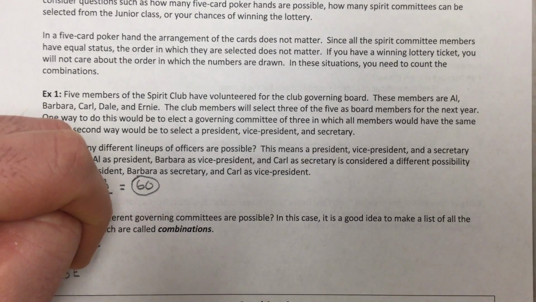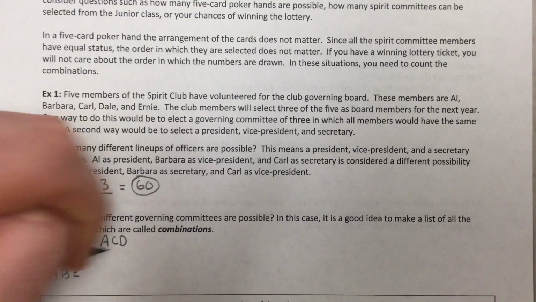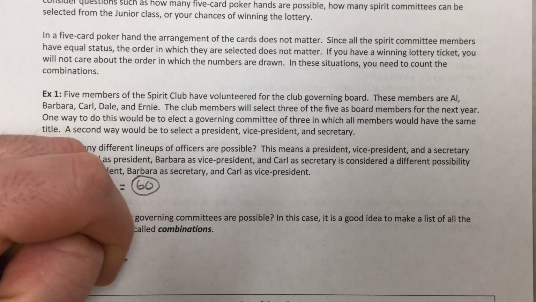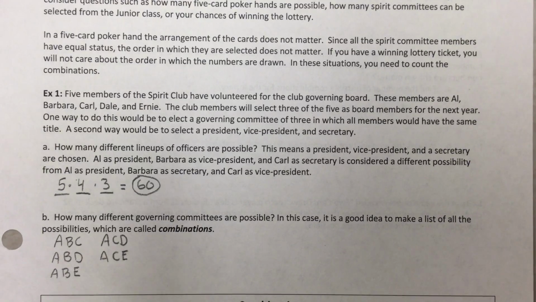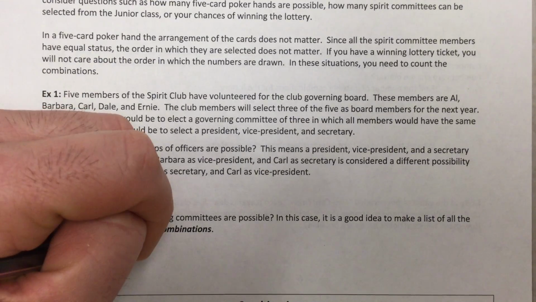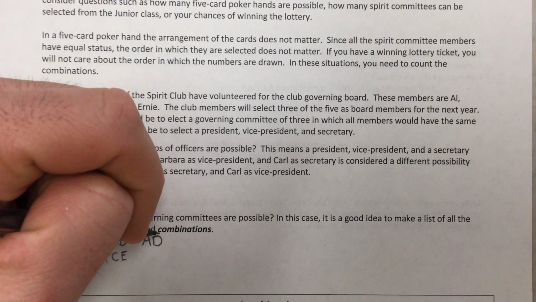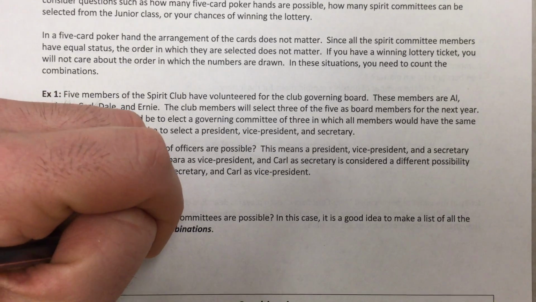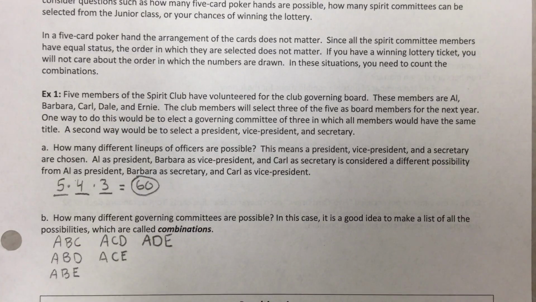We could then get rid of Barbara and do Al, Carl, Dale, and Al, Carl, Ernie. We could then get rid of Barbara and Carl and do Al, Dale, and Ernie. So this is all the possibilities of groupings with Al in it.